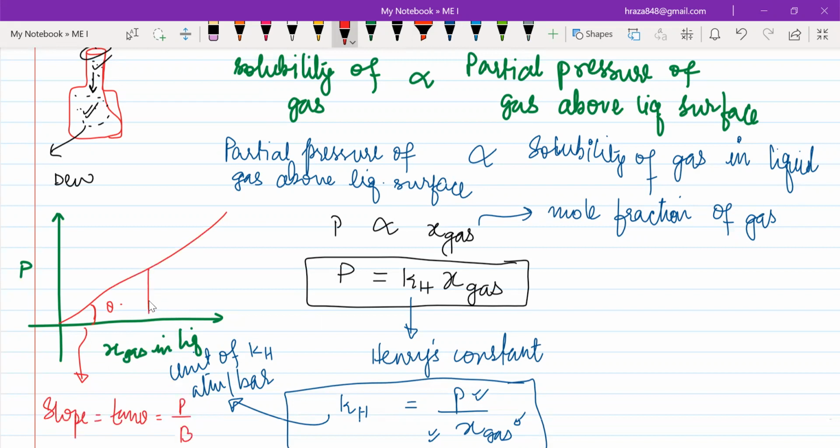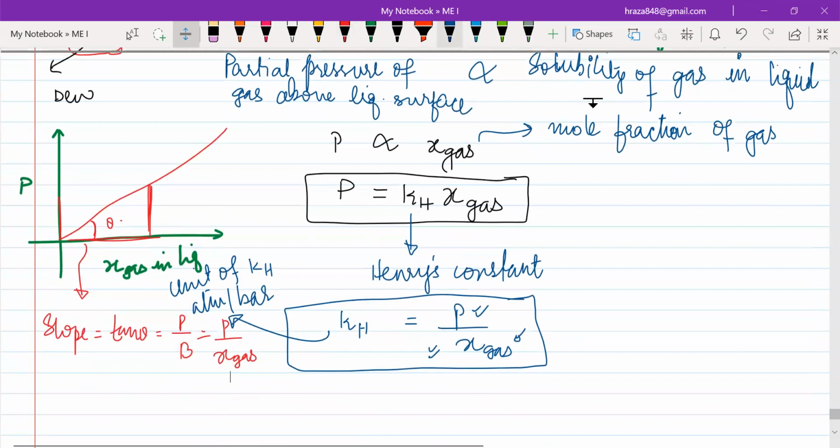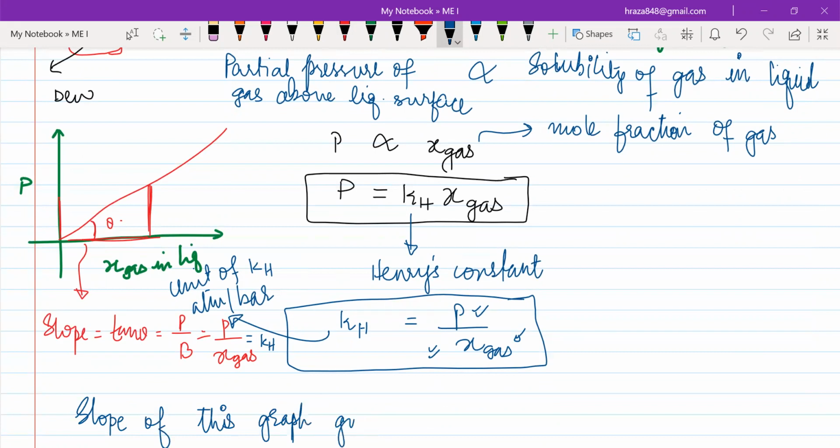P is the perpendicular and the mole fraction is the base, so the slope is P upon mole fraction of gas. So the slope of the graph of partial pressure of gas versus mole fraction of gas gives us Henry's constant.